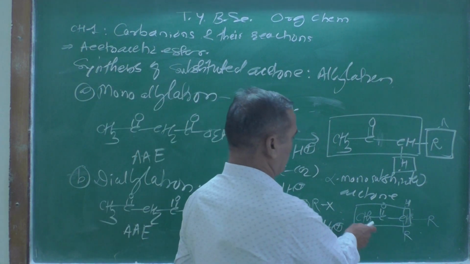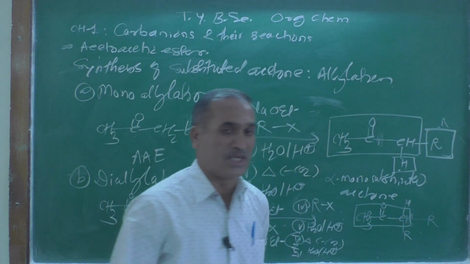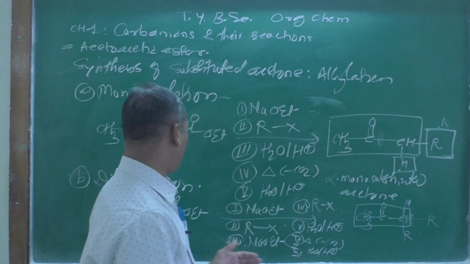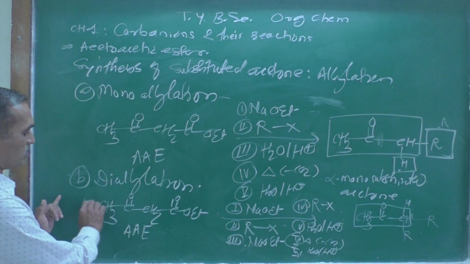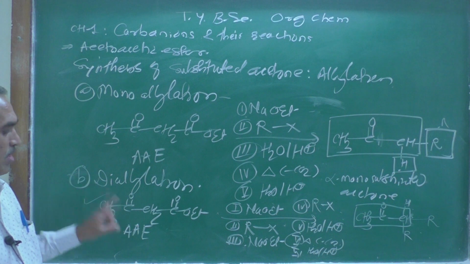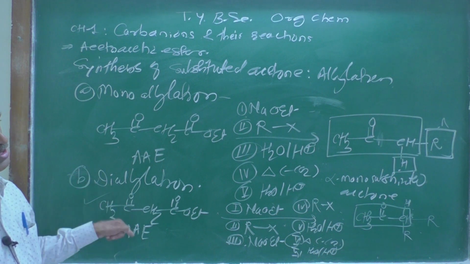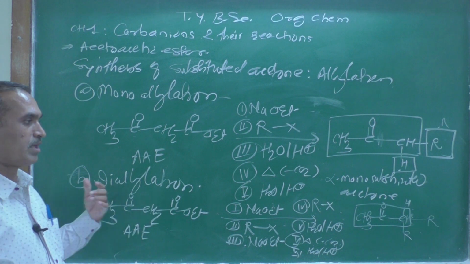Look at here, CH3, C double bond O, and this carbon atom, this part is coming from this versatile synthon. Versatile synthon are the synthetic reagent which is acetoacetic ester or ethyl acetoacetate or beta keto ester.